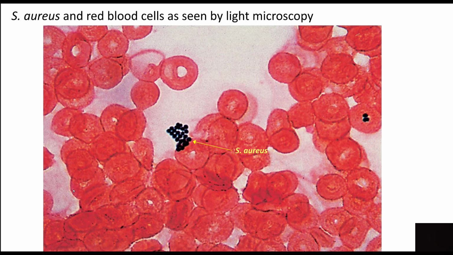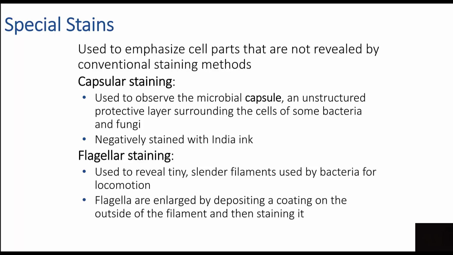We can also use just a straightforward differential stain, the gram stain, on blood. So we could just do a blood smear on the slide, do the gram staining, the cells will stick, and unfortunately this patient has Staph aureus in the blood, which is not a normal condition, and that's not a good thing. We do have capsular staining, as I mentioned, the negative type staining with India ink, or using the flagellar stain, which stains these small spinning type filaments bacteria use for locomotion.